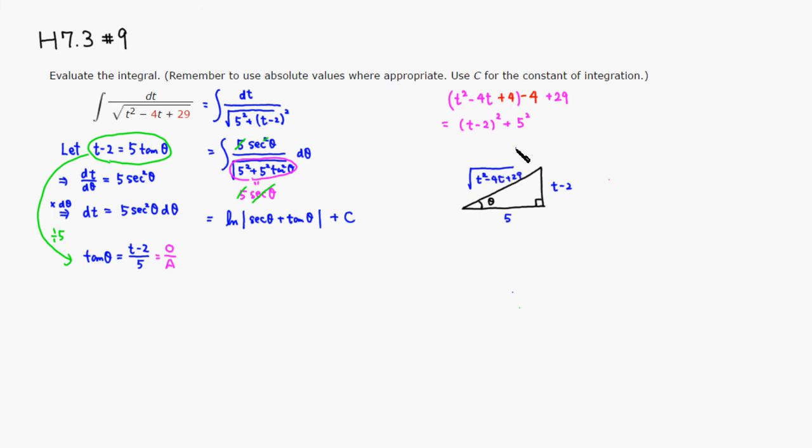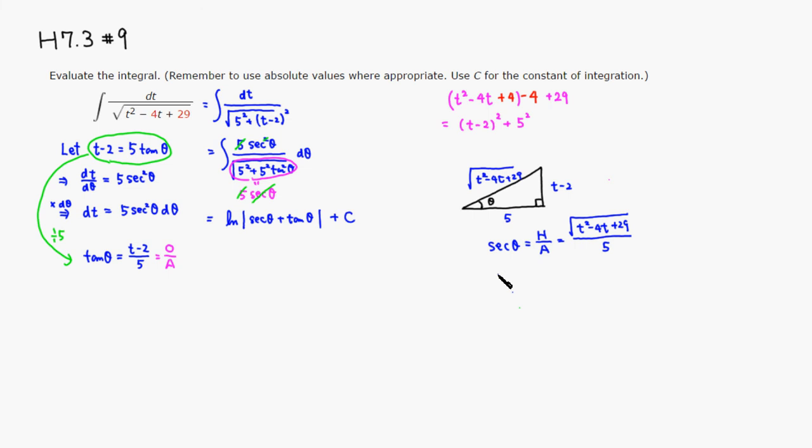So let's find what we need. We need the secant of theta. Secant of theta is hypotenuse over adjacent, so you have the square root of t squared minus 4t plus 29, over 5.